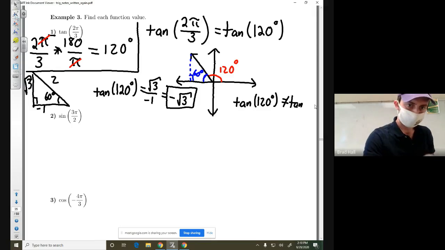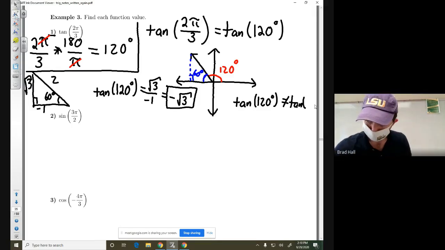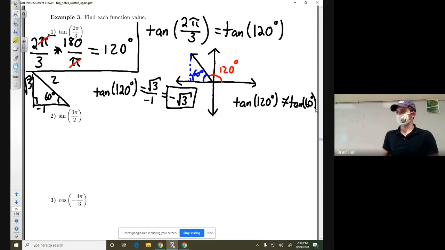So going back on that point, actually, tangent of 120 is not equal to tangent of 60, which I saw a few of you do. Actually, it was on the last test, that unit 1 test that we had. There was a lot of you that made this association. The reference angle is not an equivalence.